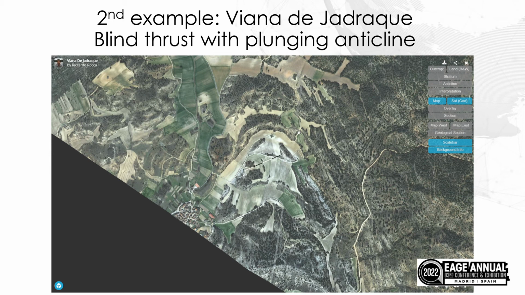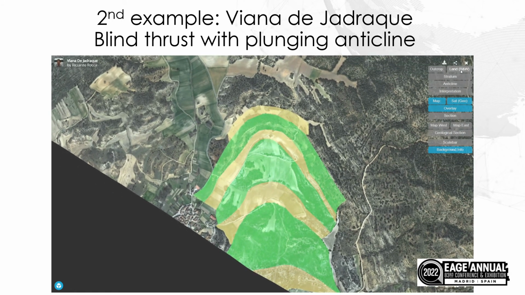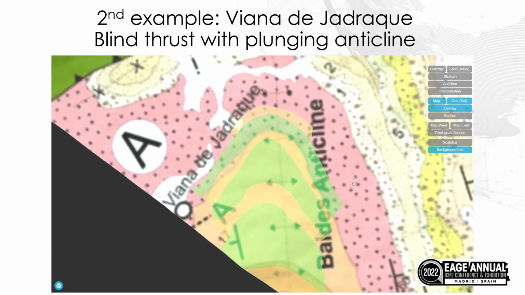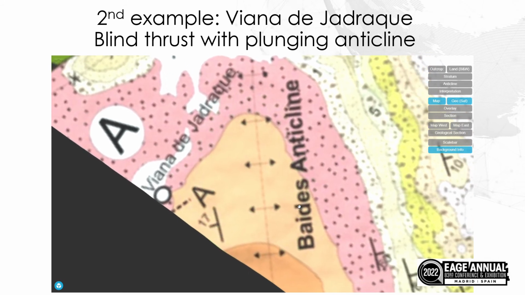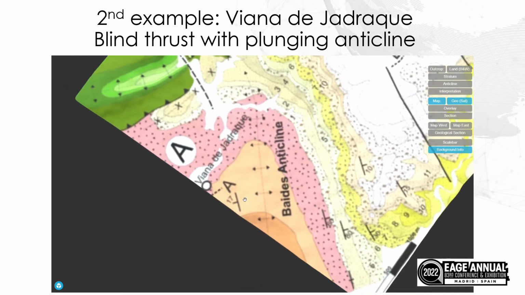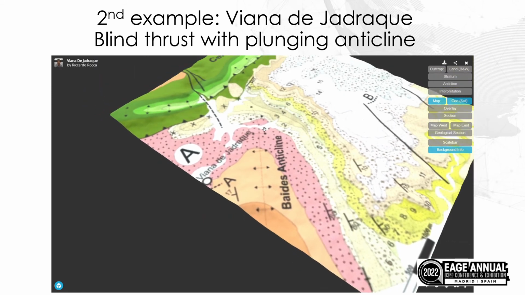And we can highlight it even better using colors like this. And now if we add the geological map, we see that the geological map also has this shape represented, together with the axis of the fold that dies out and dips towards the opposite end.